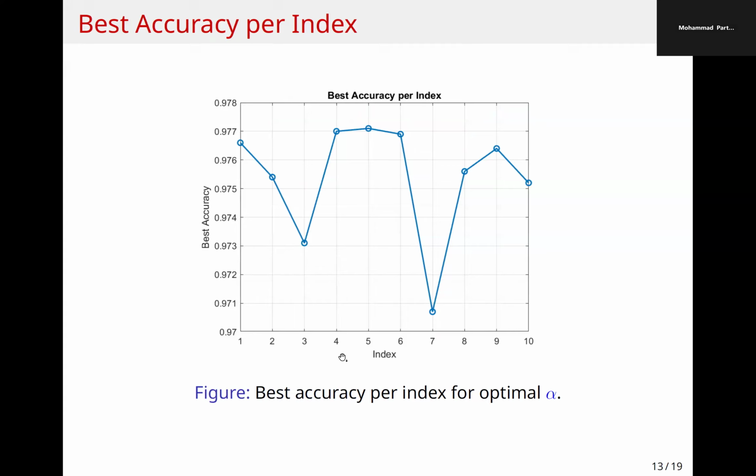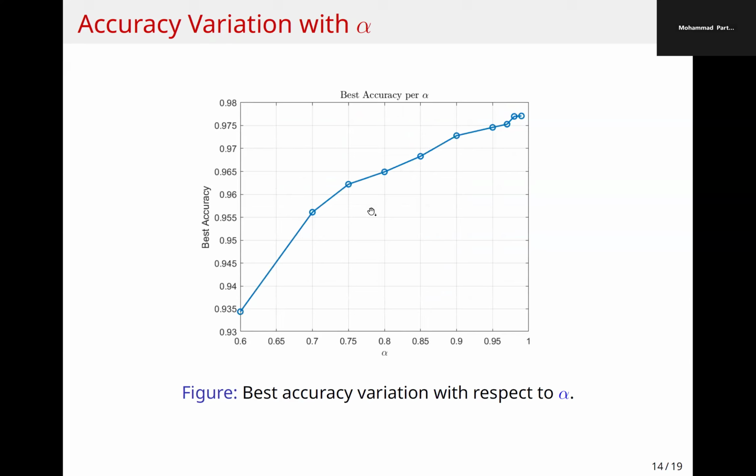Also, for each index, we have the best test accuracy. Here you see that for index 7, we have the lowest test accuracy, and for index 5, we have the highest test accuracy. So in the graph of test accuracy over fractional order, you see that we have an increasing trend for test accuracy over each alpha.